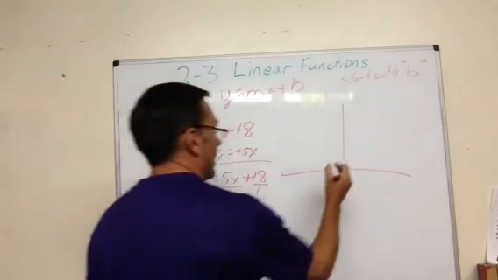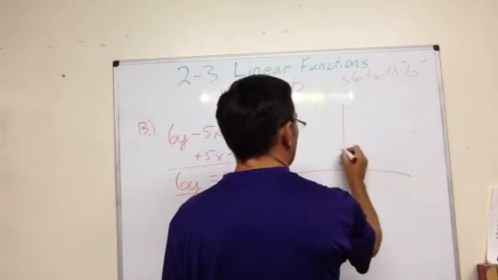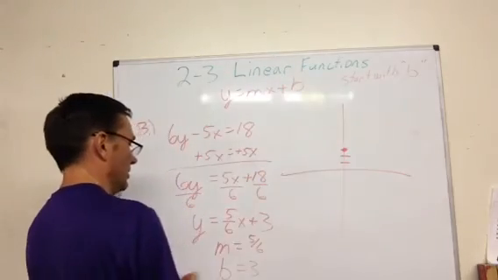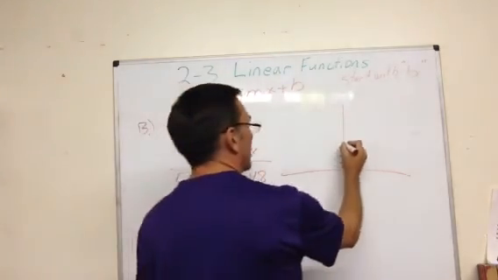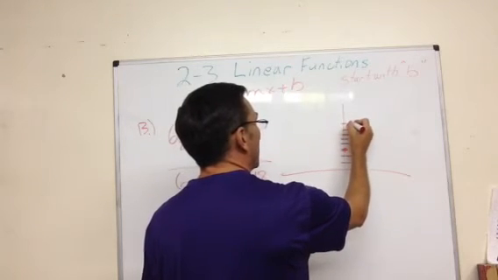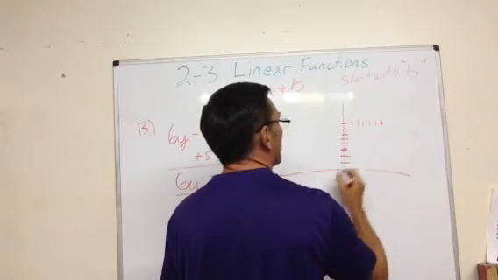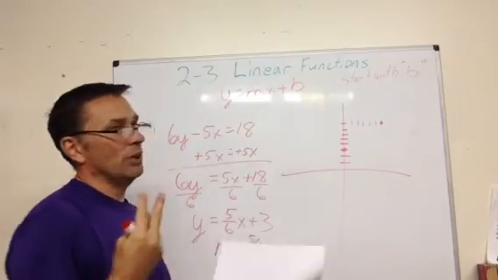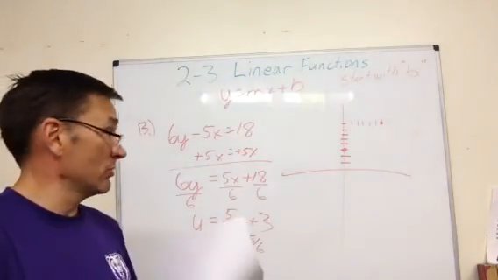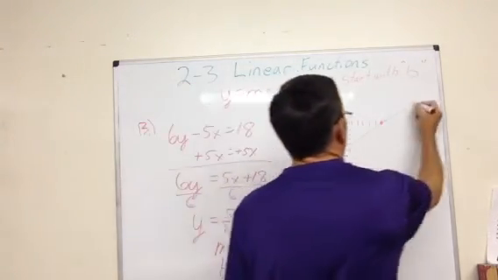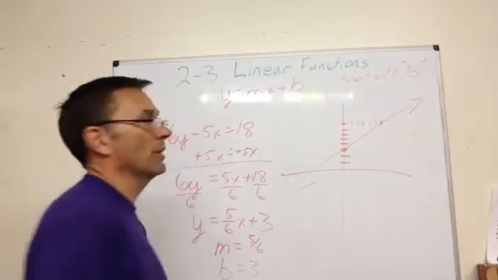So I'm going to start at a positive 3, going straight up from the origin. Slope of 5 over 6, so we count up 1, 2, 3, 4, 5, then over 1, 2, 3, 4, 5, 6. Put a point, and again, you really only need 2 points to graph a line, because it goes on forever. Connect your points, and we are done.